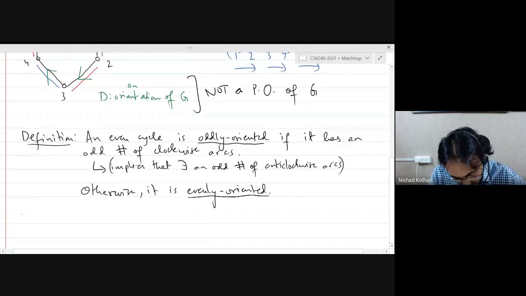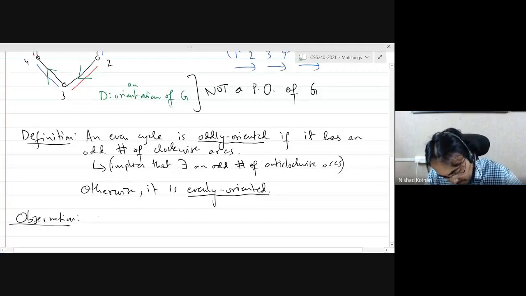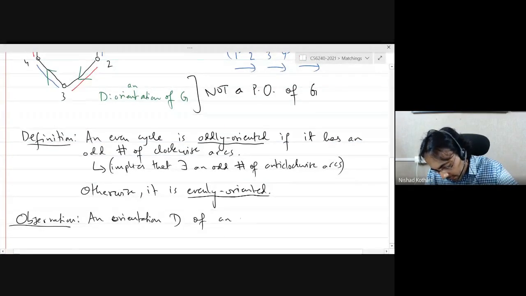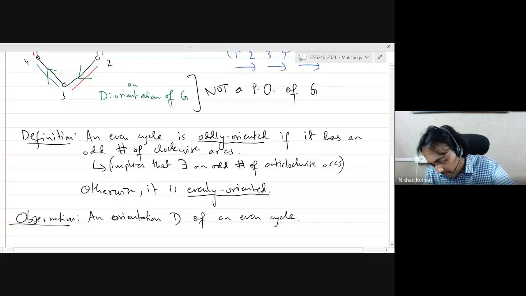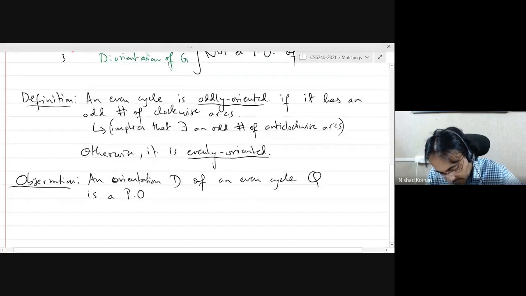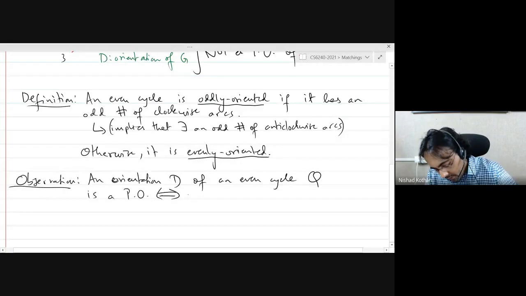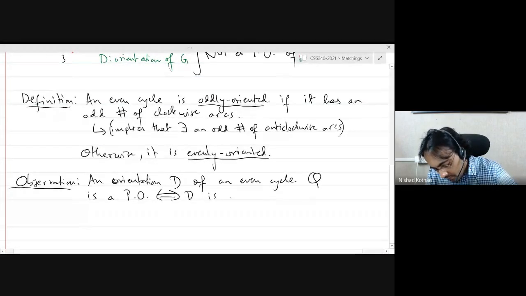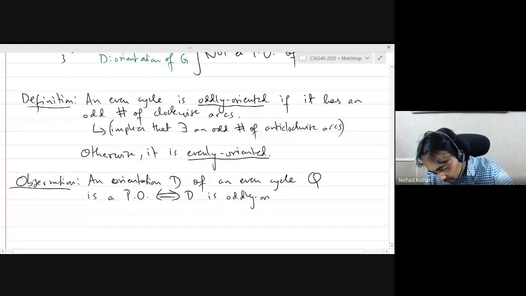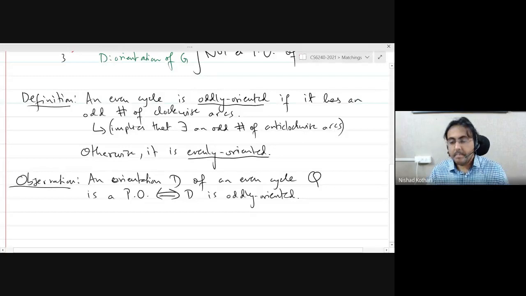So the observation we just made is that an orientation D of an even cycle, let me call it Q, is a Pfaffian orientation if and only if D is oddly oriented, right?